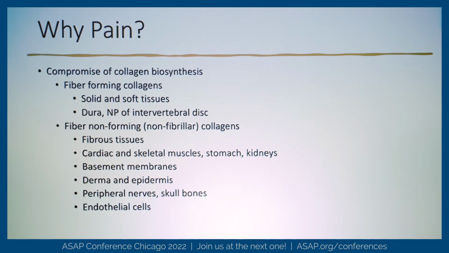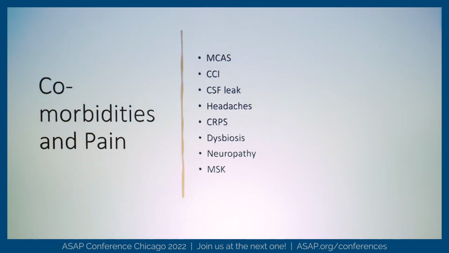And so they basically help to anchor and form a network of the collagen fibers. And so when there is just compromise of collagen synthesis in general, then you basically have weak collagen, and that can be problematic for our anatomy. It can be problematic for our physiology.